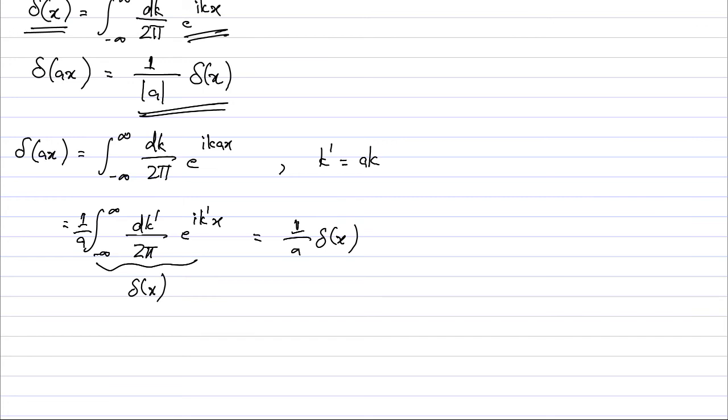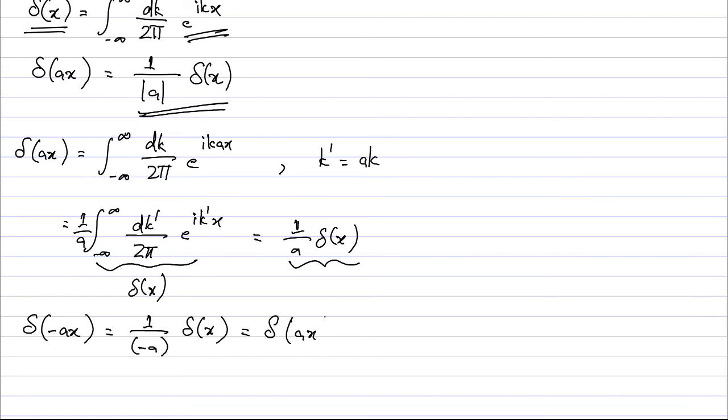Perhaps an easier way to see this is the following. If a is negative, then of course minus a is positive. That's a given. And if minus a is positive, then I can repeat the same argument over here, except that I'd have minus a over here, where minus a, remember, is positive. At the same time, we also have the fact that the delta function is an even function, so this must be equal to this thing.